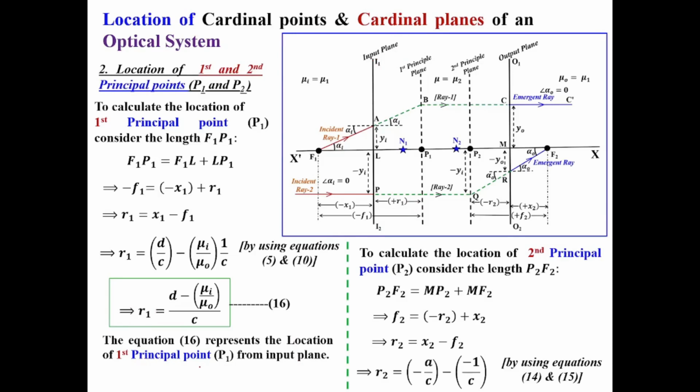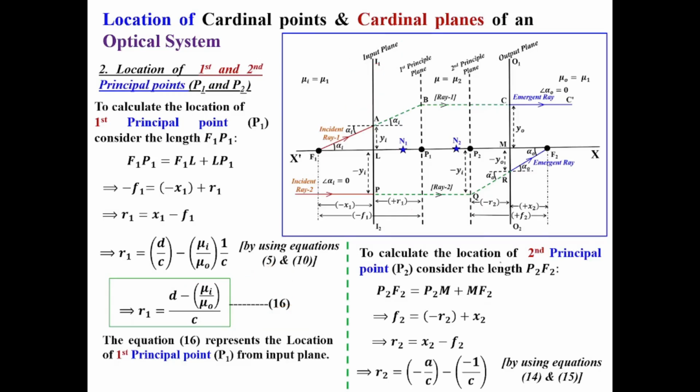But you have to remember that for any arbitrary optical system, this R1 value may be positive or negative, because it depends upon the D and C values. If we get a positive value, we move towards the right from the input plane. If we get a negative value, we move towards the left from the input plane.